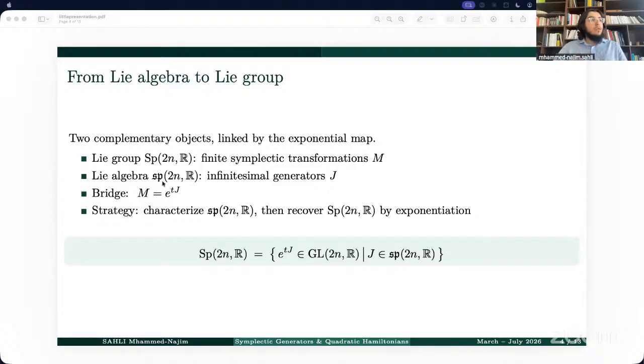And so for the Lie algebra, we wanted to define those elements and then how those elements can act on vectors of the phase space, and whether we can recover the Hamiltonian mechanics from them.